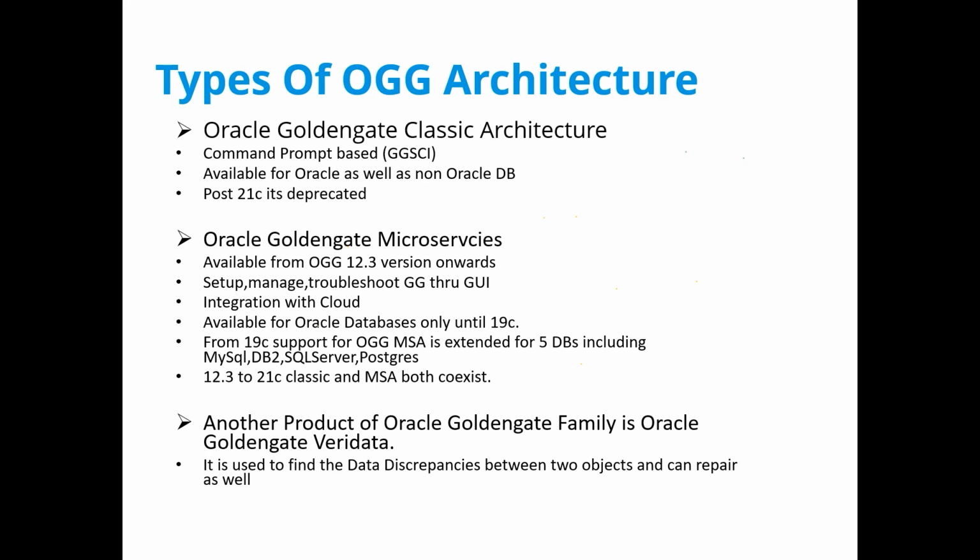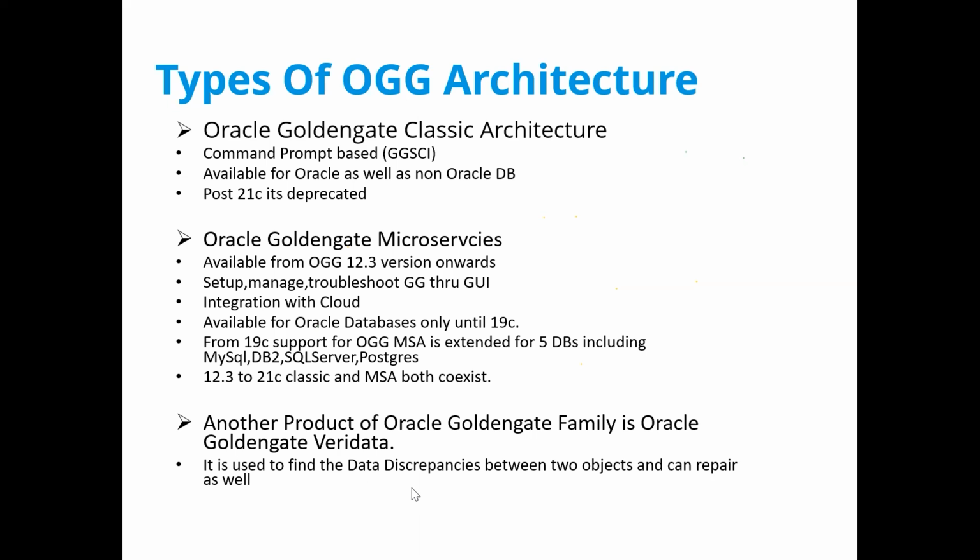Veridata is a product that, as the name suggests, verifies the data for you. GoldenGate is a product which replicates the data, and it is a technology where errors can come, where, for example, some of the transactions were not applied. So you want to check what the data discrepancies are on the target database in comparison to the source. What you can do is run a Veridata job.